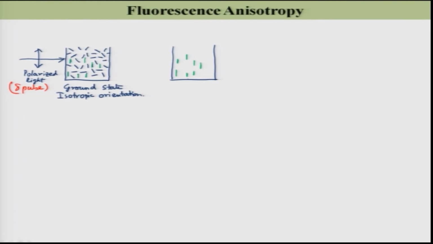So, these many molecules are now promoted to the excited state. Here I can write this is my excited state, and this is the anisotropic situation, the anisotropic orientation. So, this is my excitation.